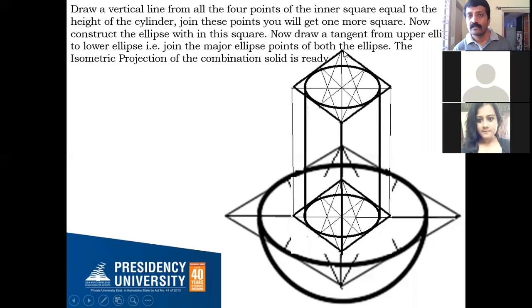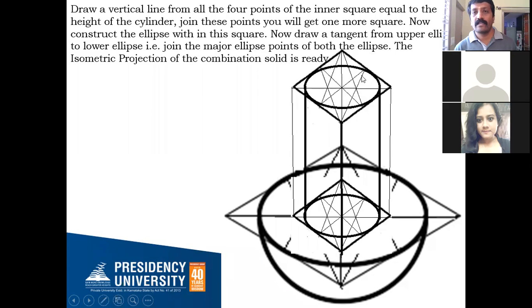Join them like this, and you get one more square over there. In the same way that you constructed the ellipse below, you construct it here. Once you get this upper square, from here you draw a line exactly at the midpoint of this side. Similarly from here, and from here, draw a line exactly at the midpoint.